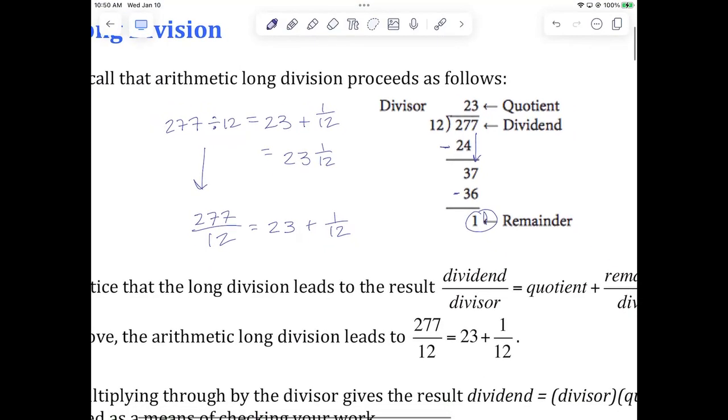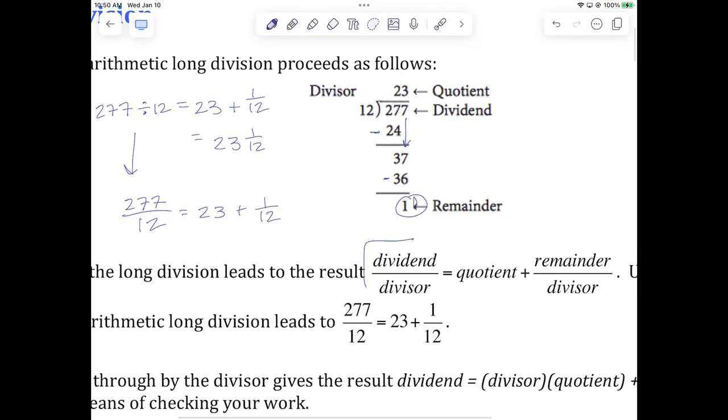Okay? And this is the form that we're going to do. The dividend over the divisor is equal to the quotient plus the remainder over the original divisor. That's the form of the number that we're going to be using, or for polynomials, okay? That's it. It goes in this many full times, plus that left over out of the original.